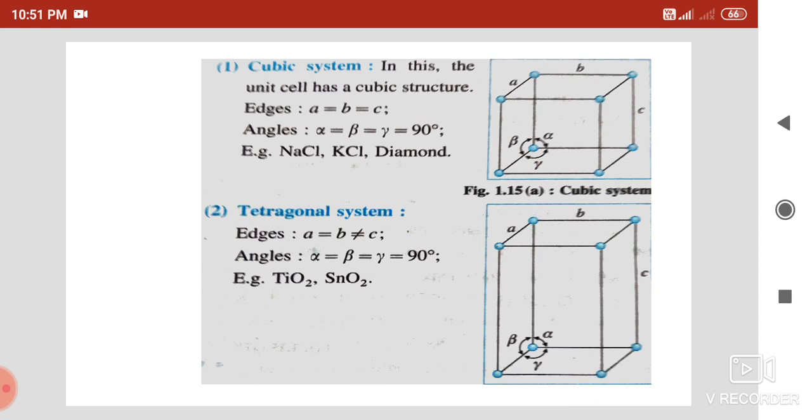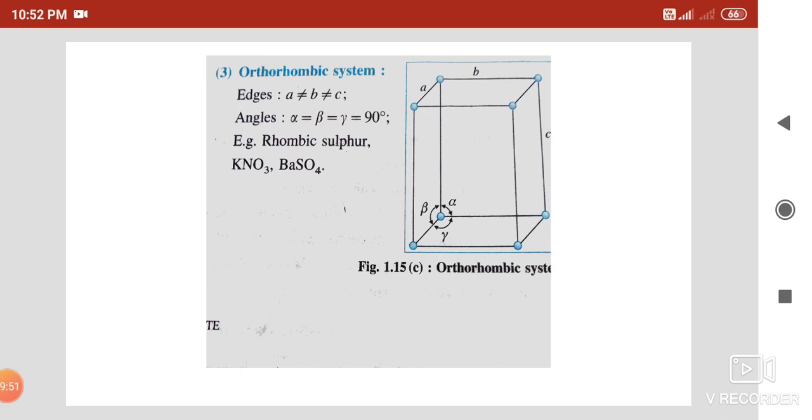The tetragonal system is shown by compounds like TiO2, titanium oxide, and stannous oxide, SnO2.